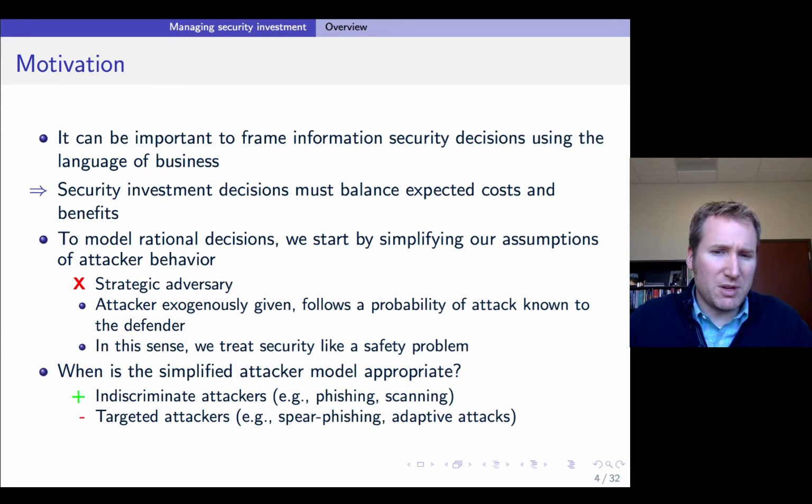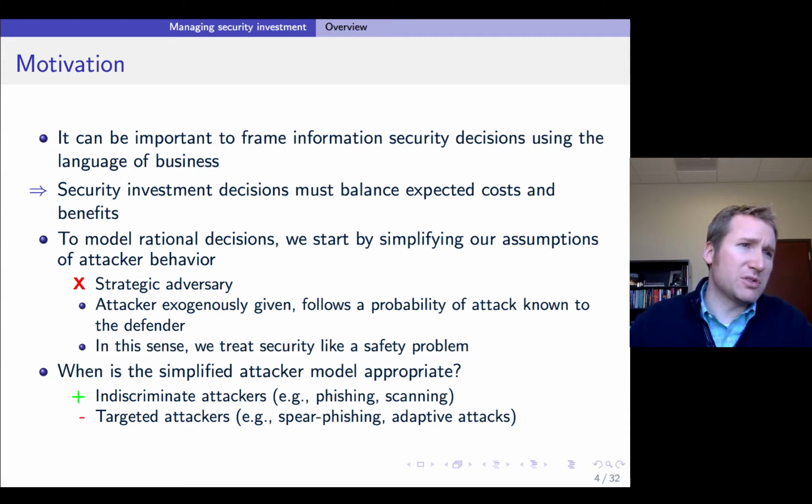They're not necessarily being strategic about which target they select. They're just targeting everyone they can. It's likewise with scanning and attacks like that. But there are other cases in which a strategic adversary is important to consider, which is things like targeted attacks, where the attacker is selecting a particular target based on a characteristic of that target.